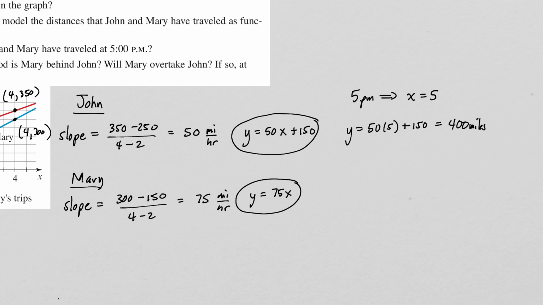So after 5 hours, John has traveled 400 miles, and that's where he'll be at 5 p.m. For Mary, her distance traveled is simply 75 times 5, and 75 times 5 is 375 miles.